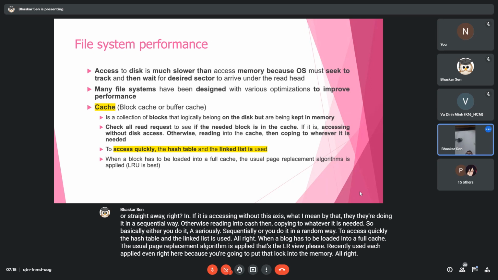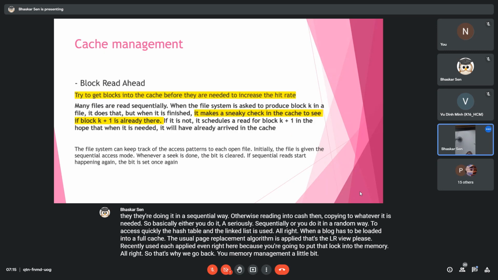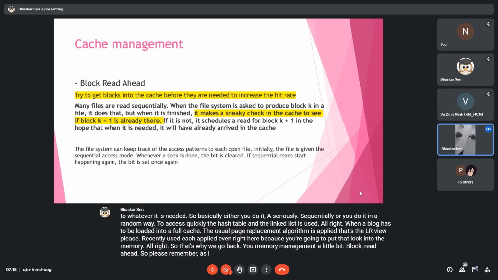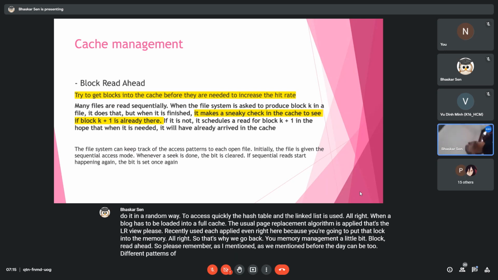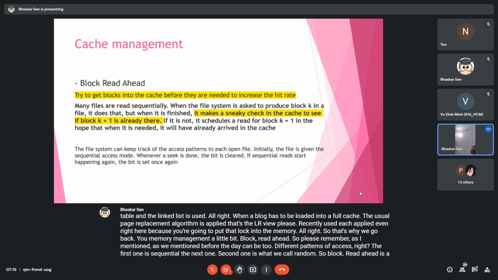So that's why we go back to memory management a little bit. Block read ahead. Please remember, as we mentioned before, that there can be two different patterns of access. The first one is sequential. The second one is what we call random. So block read ahead is a sequential approach.